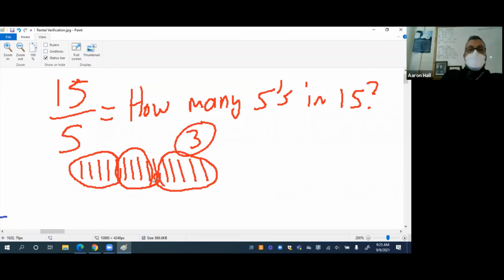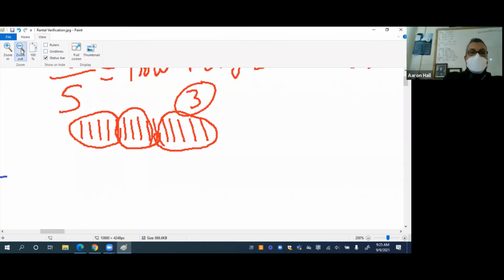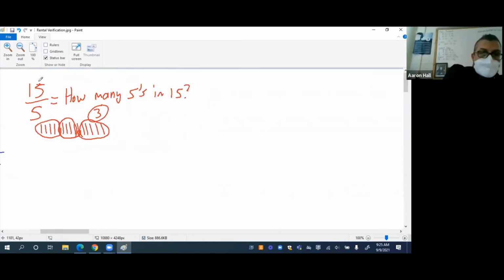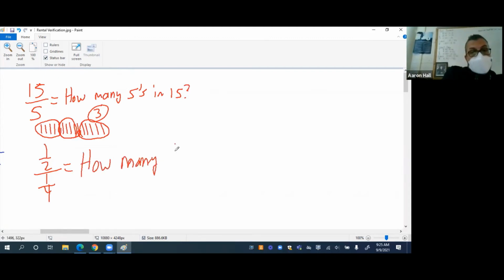We have 3 groups. What does it mean if I have 1/2 divided by 1/4? How many 1/4 are in 1/2?